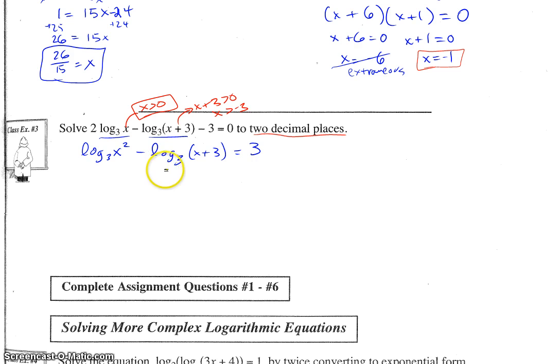So one term on either side to change it to exponential form. These are both base 3 and they're being subtracted, so we can write that as dividing within one logarithm. Get rid of the log, and we have x squared over x plus 3 equals 3 cubed, which is going to be 27.